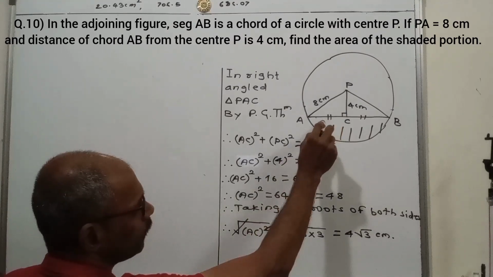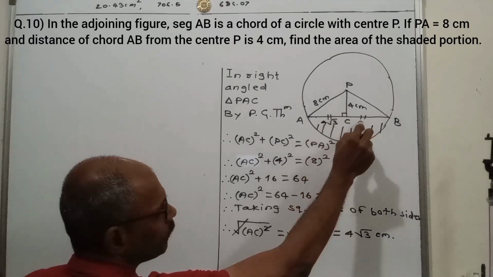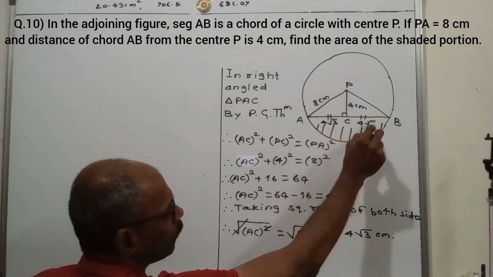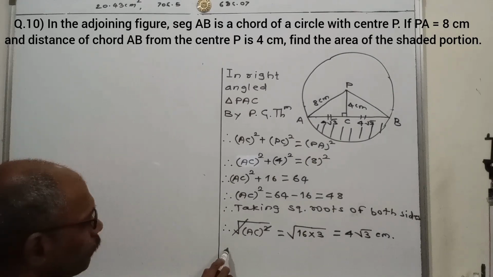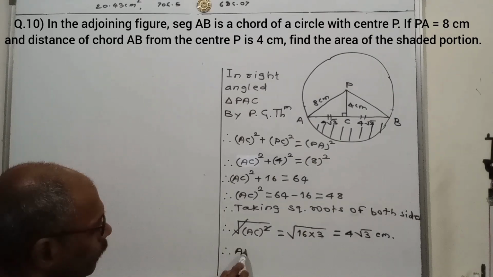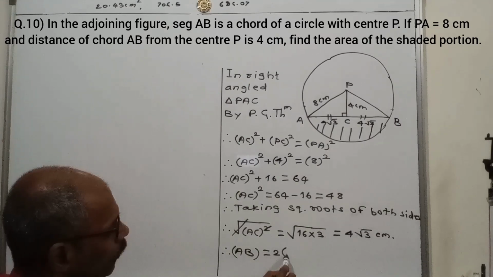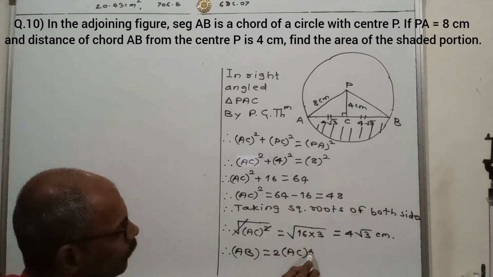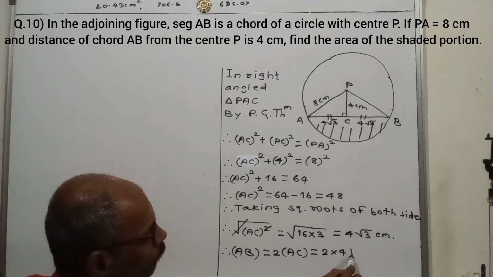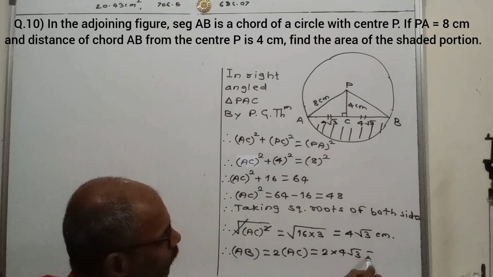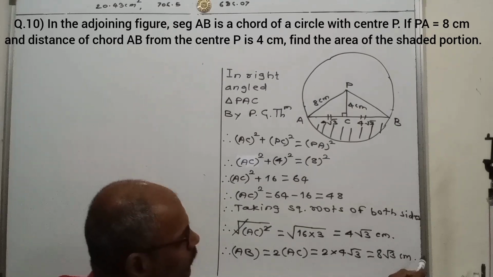Means this AC is 4 square root of 3, then here also 4 square root of 3. Did you get it? Therefore, AB is equal to 2 into AC. Therefore, 2 into 4 square root of 3 is equal to 8 square root of 3 centimeter.